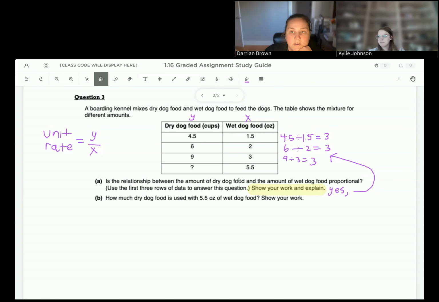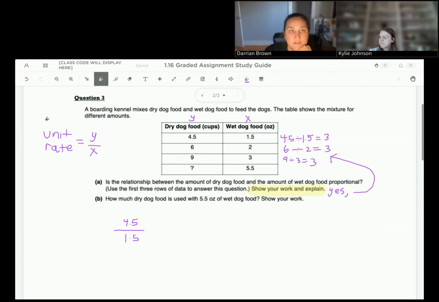It doesn't matter which one. I'm just going to use the top one. So that would look like this: 4.5 over 1.5. That's our first ratio. Then we need to make another ratio and set them equal to each other.